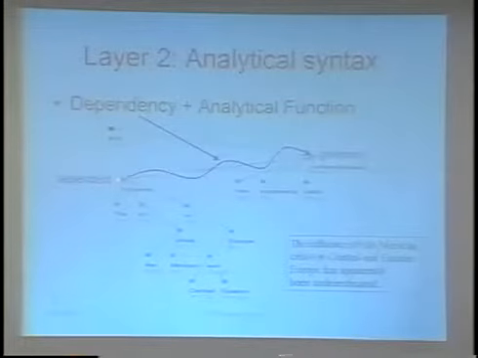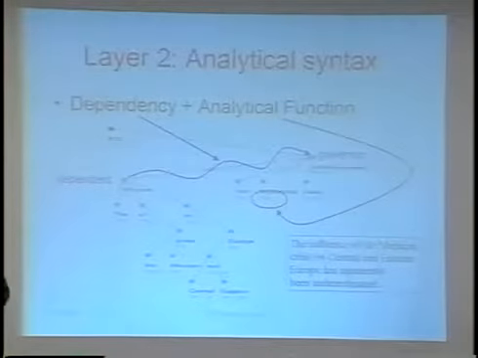We call the lower node the dependent, and the upper node is the governor. So this is the link that says what is grammatically dependent on what. Of course, again, we can talk about what should be the dependent and what should be the governor. Typically, it's driven by the morphology in Czech.